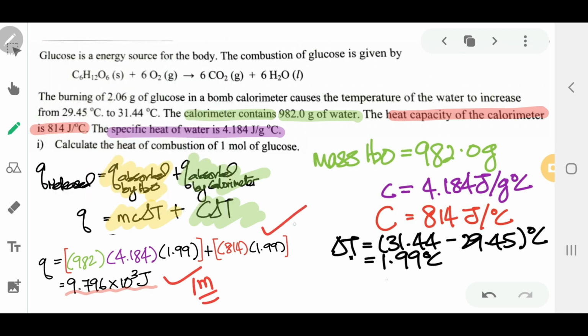When you use the correct Q absorb equation, you will get another 1 mark. So when you look there, that is the mass of water times the specific heat capacity times the delta T, plus 814 for the big C over here, which is the heat capacity, times delta T.